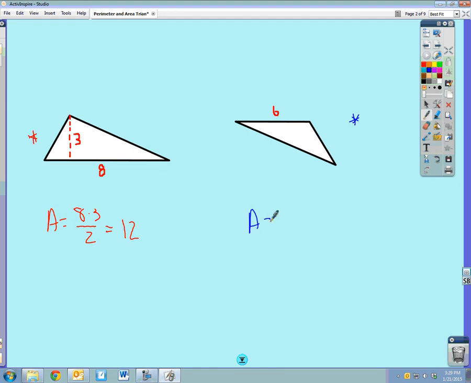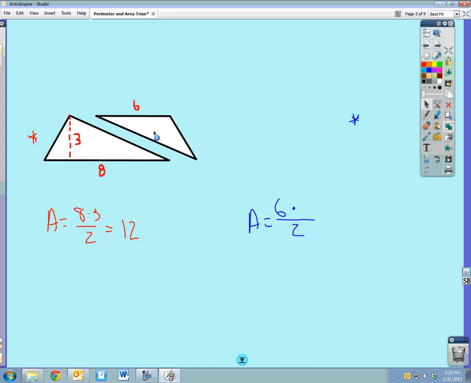Well, base times height divided by 2, the base is 6, but I don't know the height. It works out that if I put my triangle back over here, the height of both of the triangles ends up being exactly the same. From top to bottom, the height of that second triangle is 3.